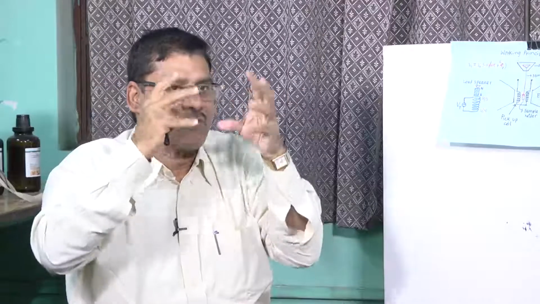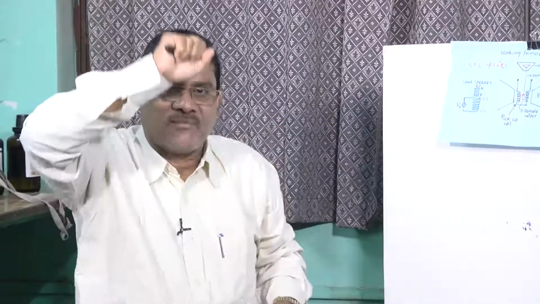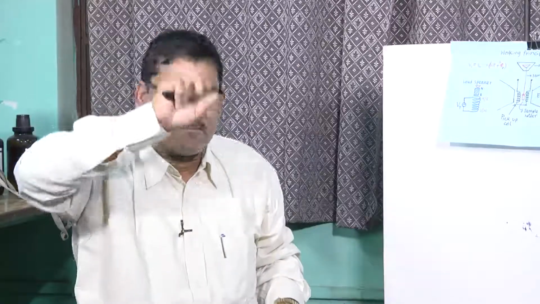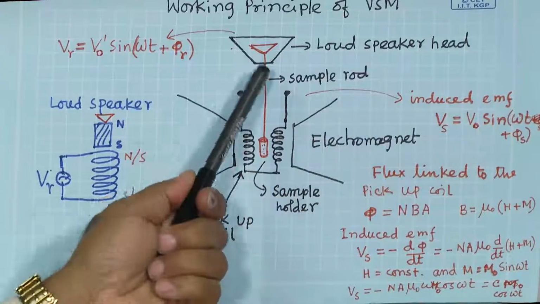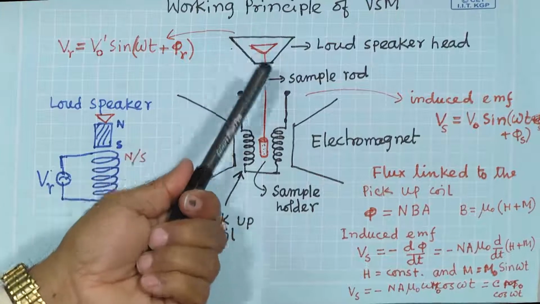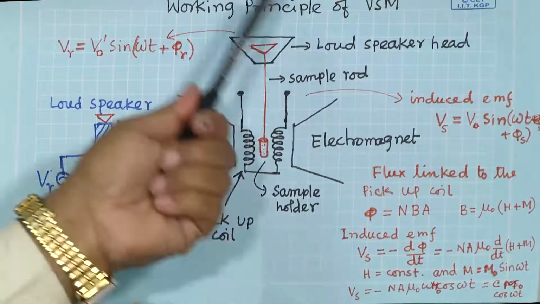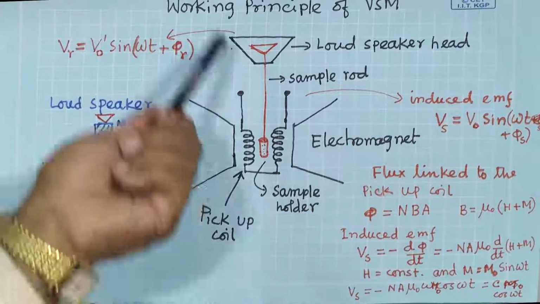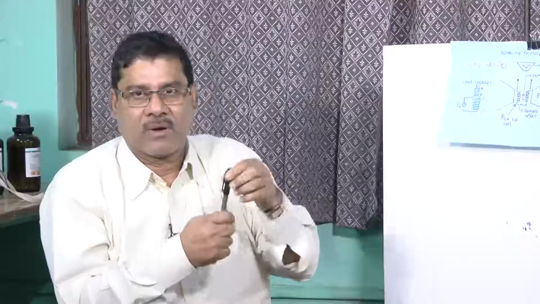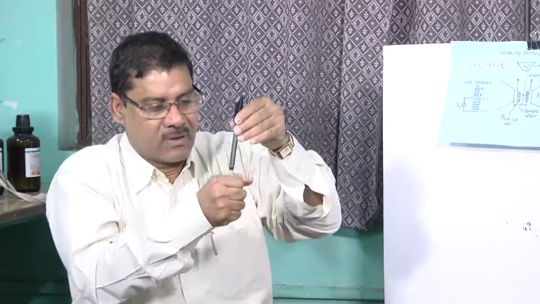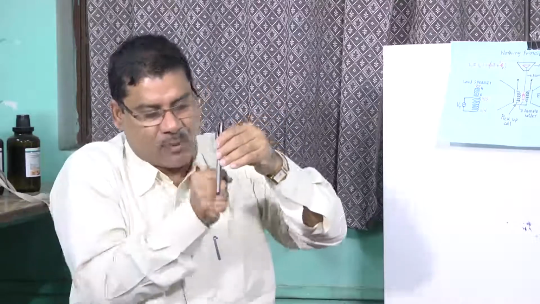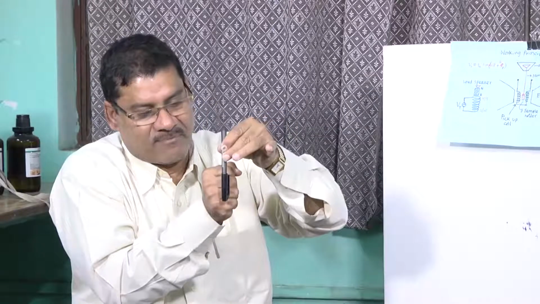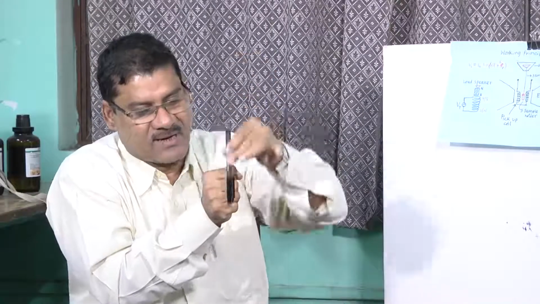So in a loudspeaker there is an arrangement for vibration with some frequency. How it vibrates, I will tell you, but this is the arrangement to vibrate this sample. I have a coil, here the sample, and I have made an arrangement for vibration of the sample.